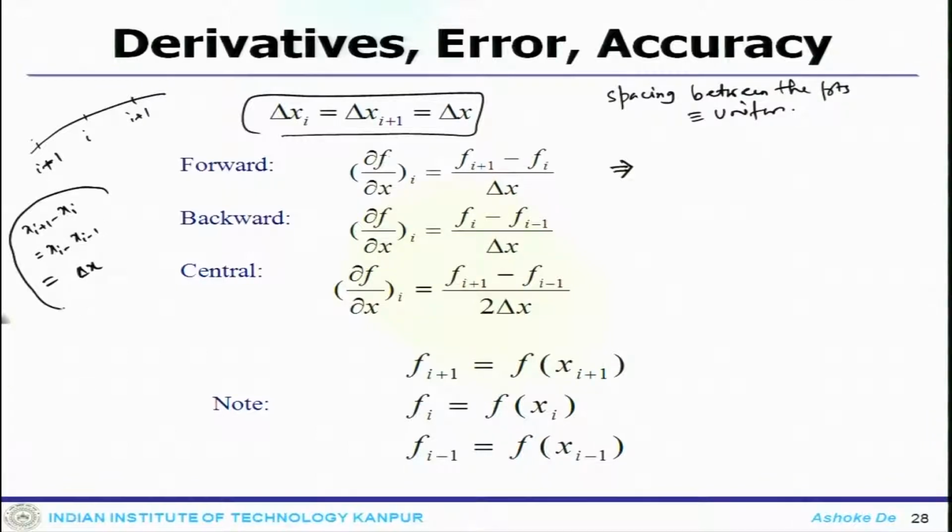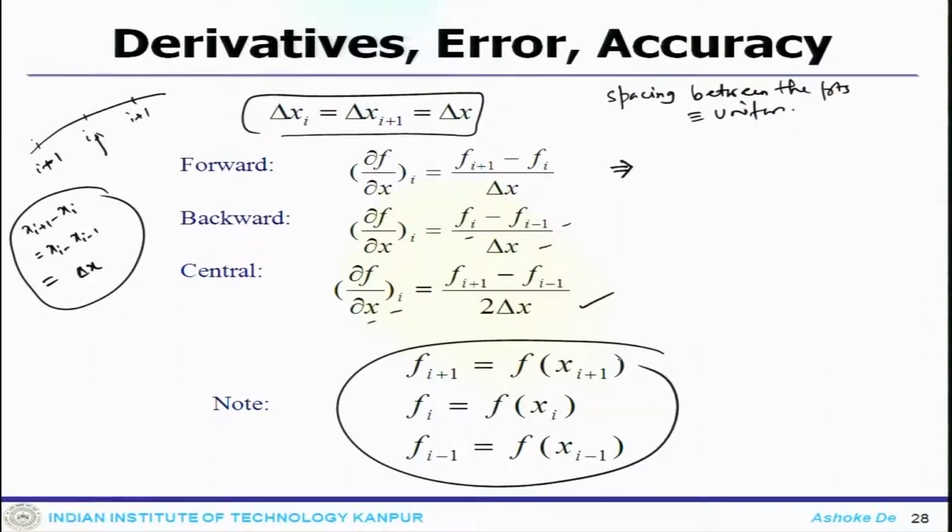So, they are uniform spacing systems. Backward I write (f_i minus f_{i-1}) by delta x, central ∂f/∂x at i, everything evaluated at i, by 2 delta x. Now, all these are representative of the particular system.